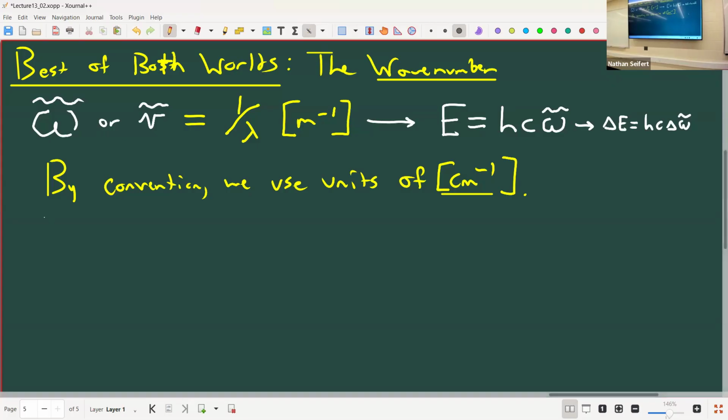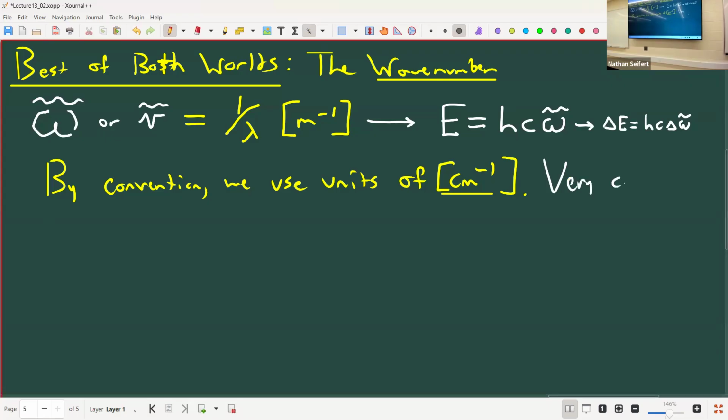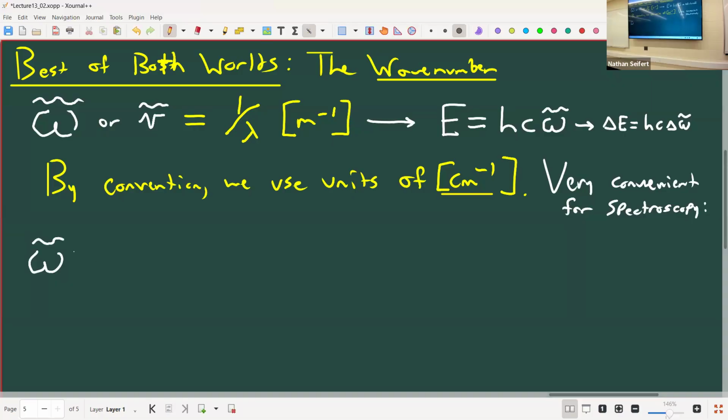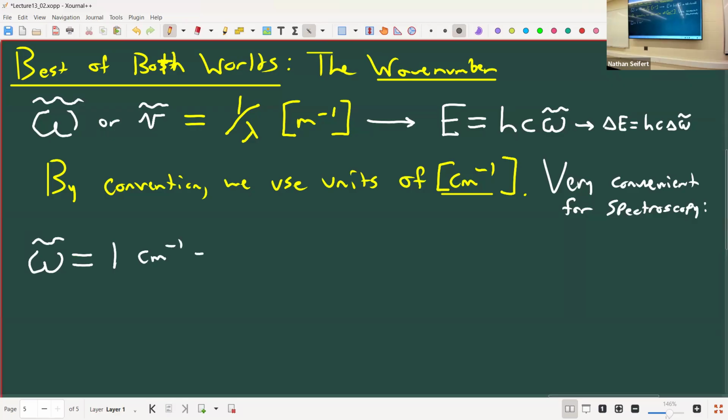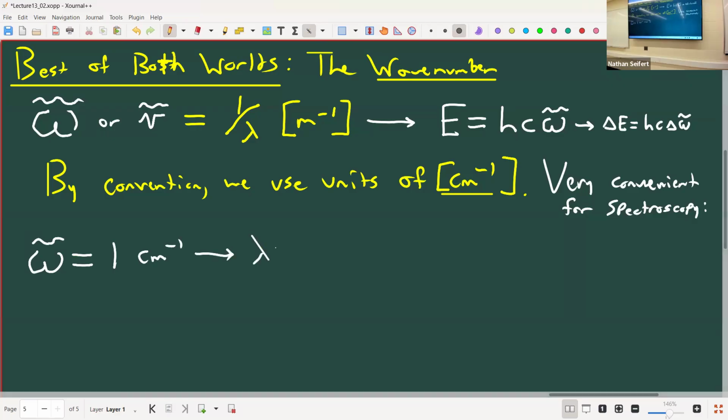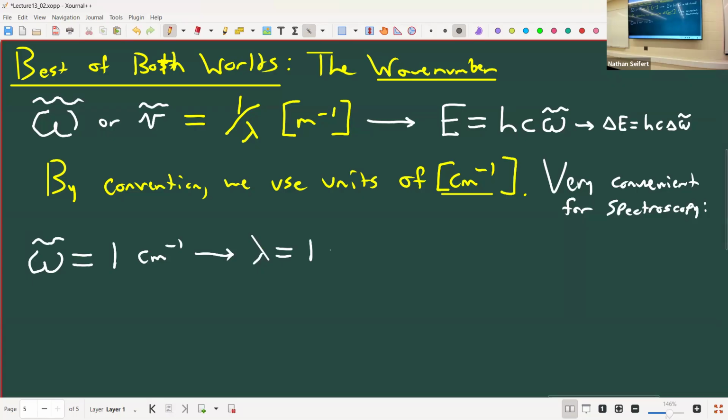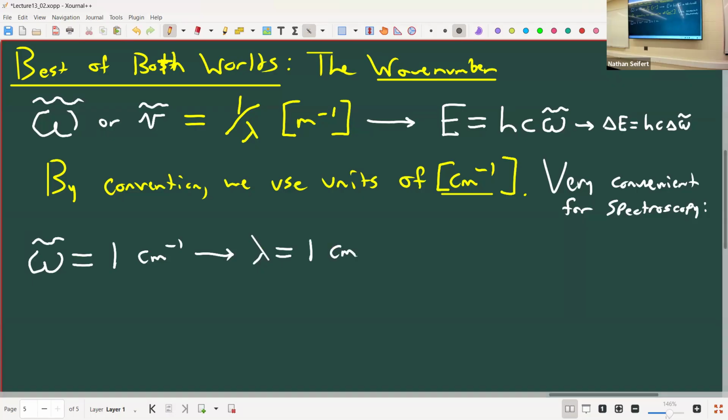And let's see why. If you have an omega of one inverse centimeter, this means lambda, very easy to calculate, is 1 centimeter.